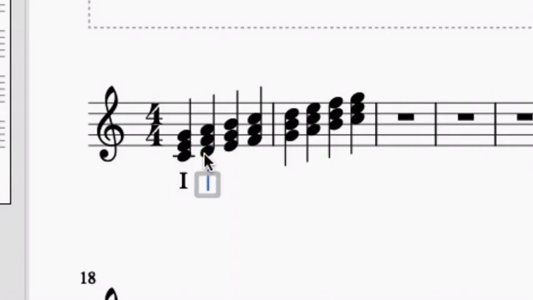And as I said before, capital means major and lowercase means minor. Okay, a minor third under a major third, minor.